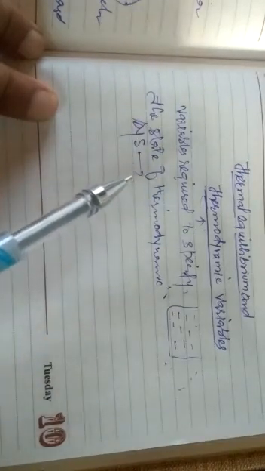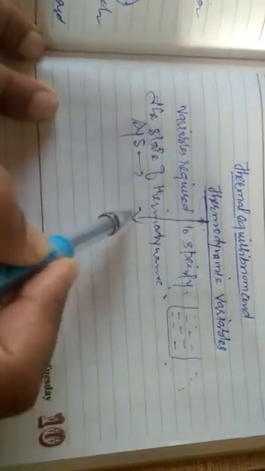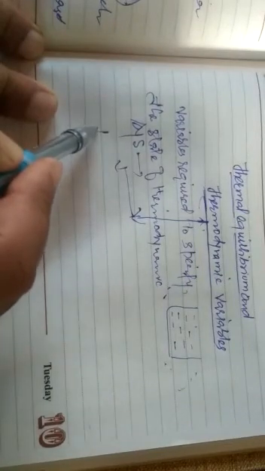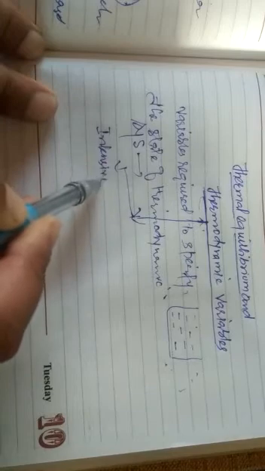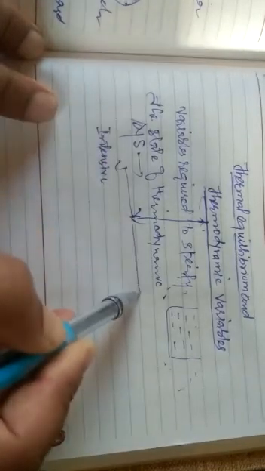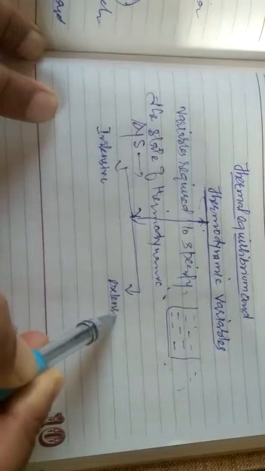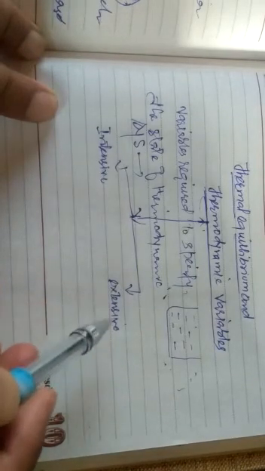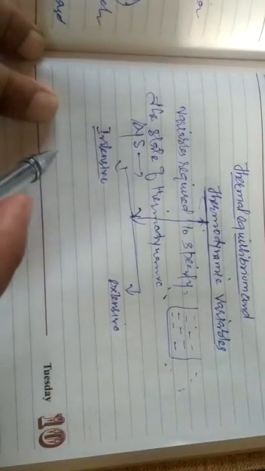Now these thermodynamical variables are of two types: intensive and extensive. So what are intensive thermodynamical variables?